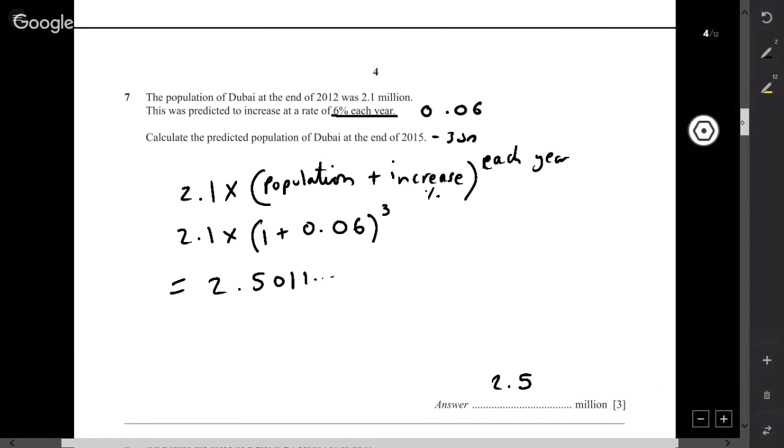So it becomes 2.1 times 1.06 to the power of 3 comes up to this, and we can round that to a nice 2.5 million.